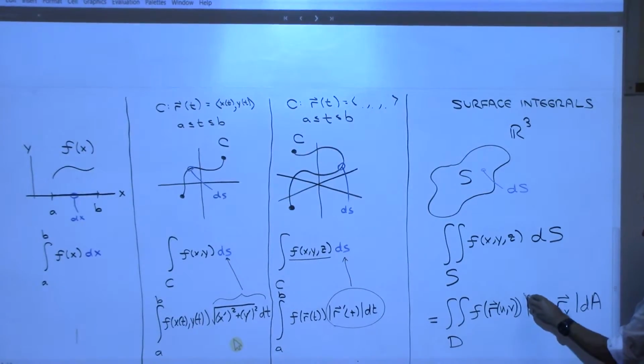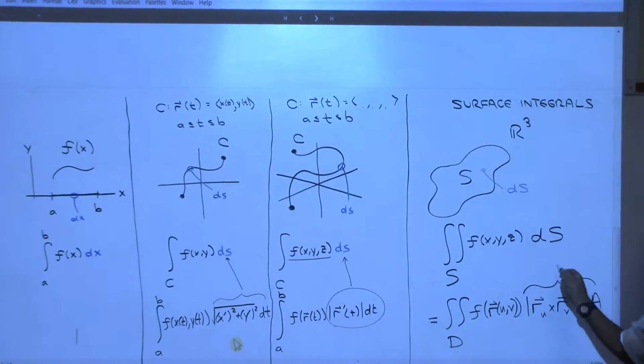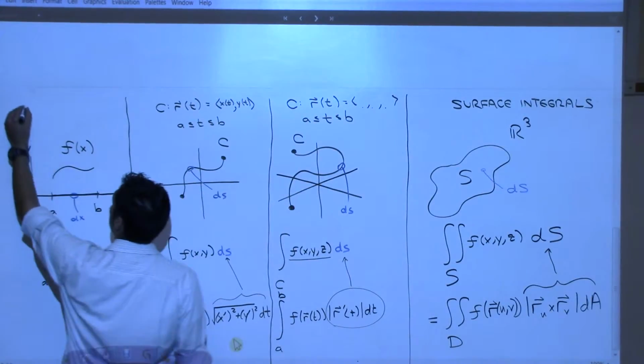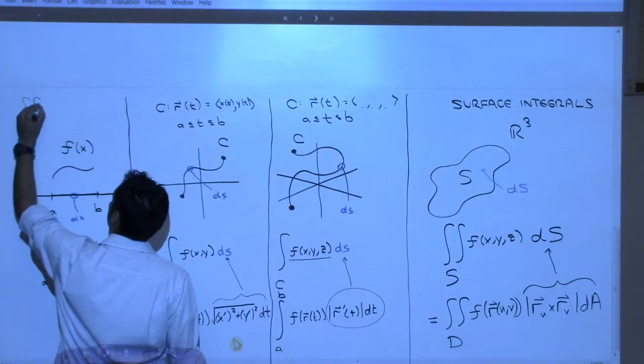This right here should be dS. And do you remember what the magnitude of the cross product of the partial derivatives of our vector surface represents? That times this? If you look at last class, we actually did a double integral over S of just that.